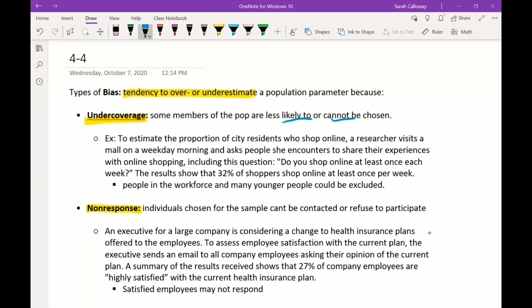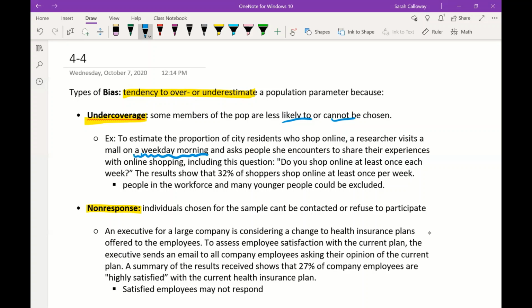The results show that 32% of shoppers shop online at least once per week. So this is an example of undercoverage bias because they only chose one day and one time to conduct their survey. So if we think about weekday mornings, a lot of people work on weekday mornings. And so using different days and different times of day to conduct the survey would be a better way to not have this undercoverage bias happen.